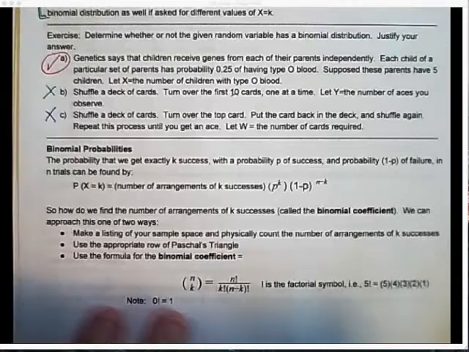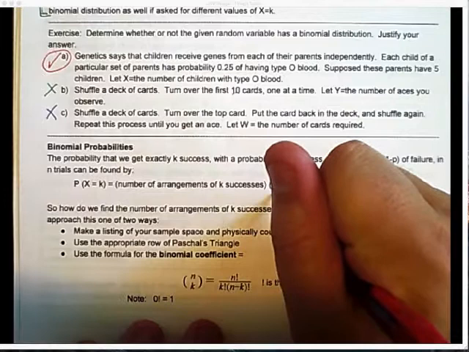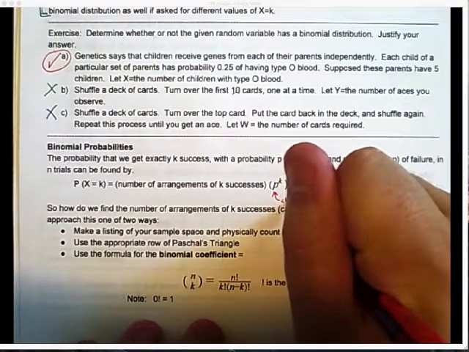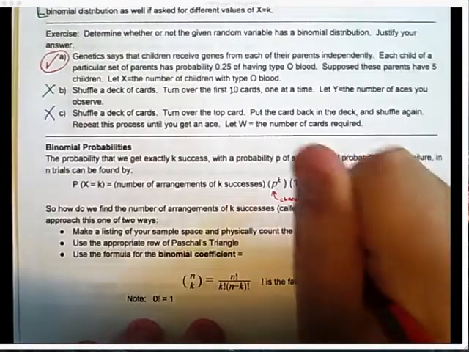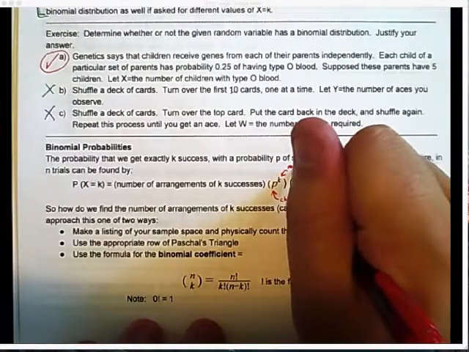So let's kind of break it down. This p is the chance of success, and the k is the number of successes.